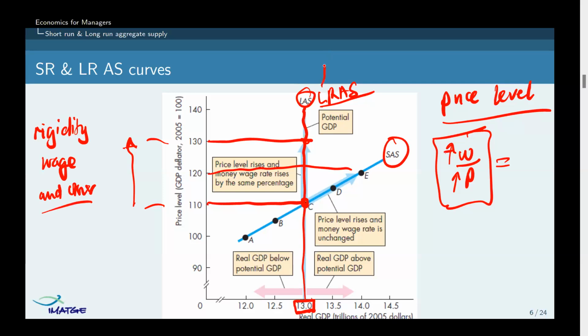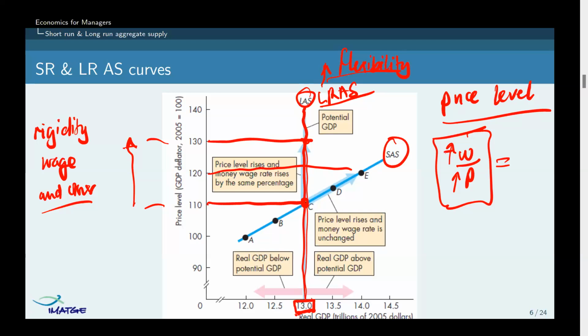As opposed to the long run where we have flexibility. New contracts are now being signed to say, because of this and that, let's increase the wages of the people to this much. That's why in the long run, in the economy, we have a long run aggregate supply that is vertical at the potential level of output, right?